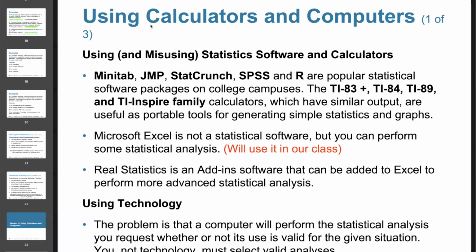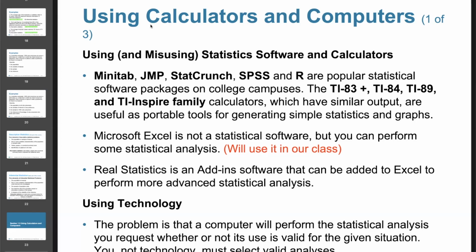Okay. Of course, using the technology has a problem. The problem is that the computer will perform the statistical analysis you request, whether or not its use is valid for the given situation, because it's a machine, okay? And you fill this machine with numbers. So whatever number you give it, of course, it will calculate it and give you the results.